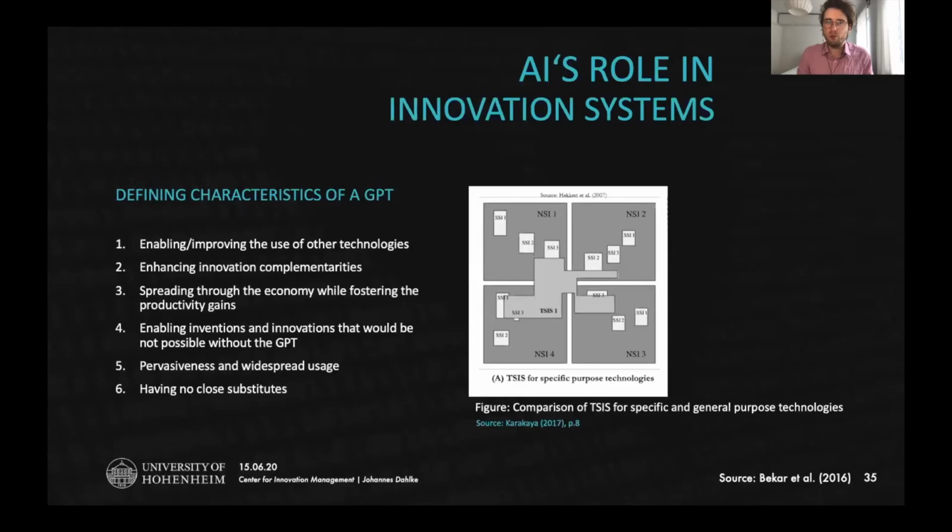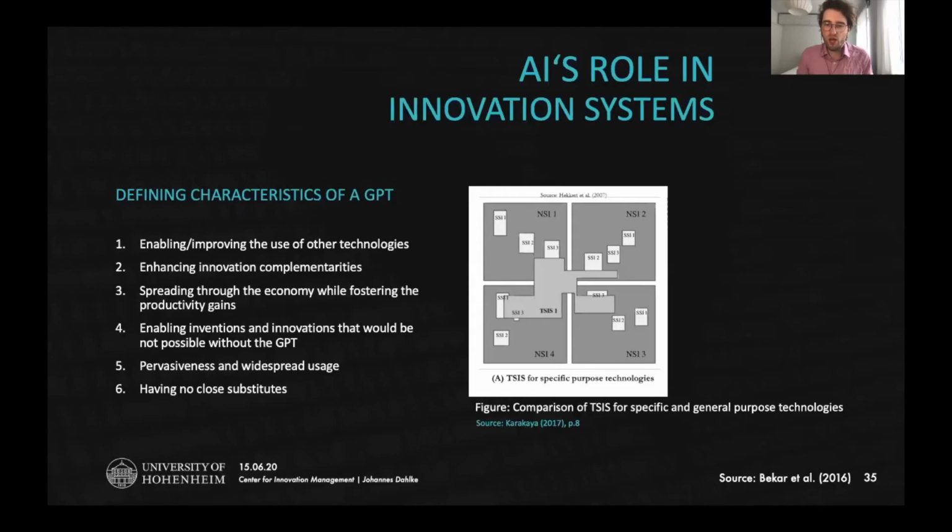So for example, the diffusion of solar panels may depend on national policies to encourage the spread of solar panels on houses. It may be linked to national housing markets, how many new houses are actually built where solar panels can be put on the roof, okay?